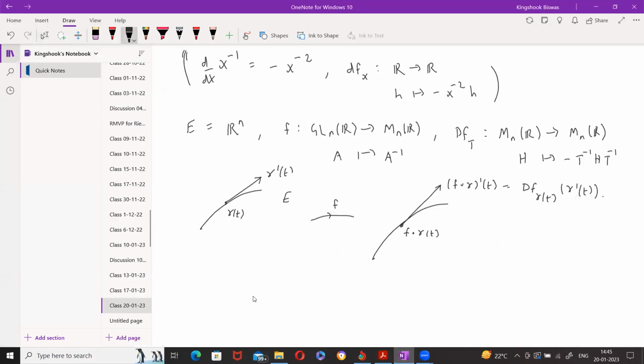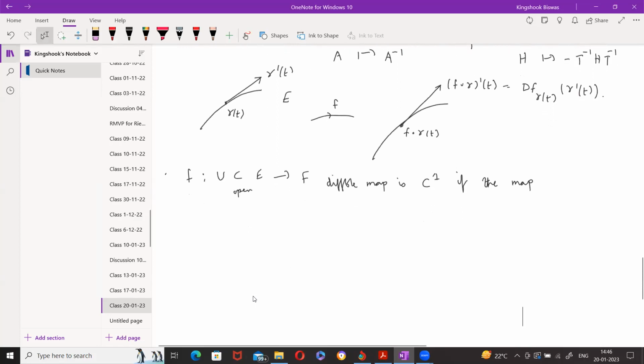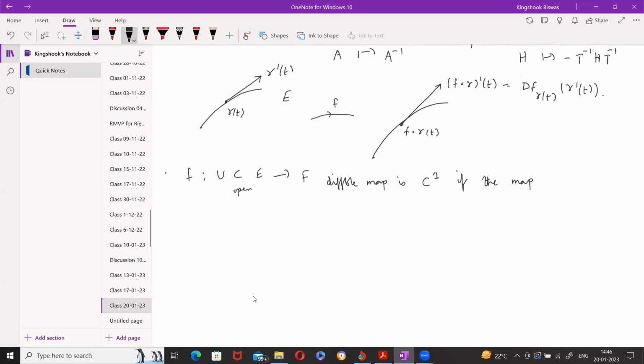So if I have F from an open subset U in E to a normed vector space F, a differentiable map, then at each point of U we have the derivative at that point, a linear map.